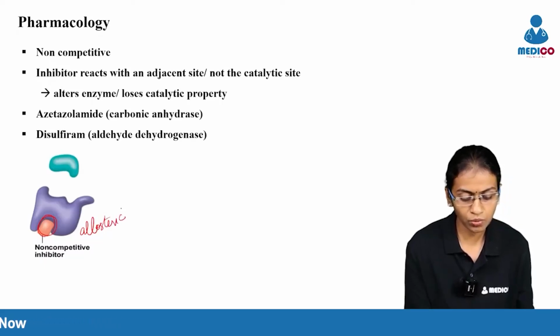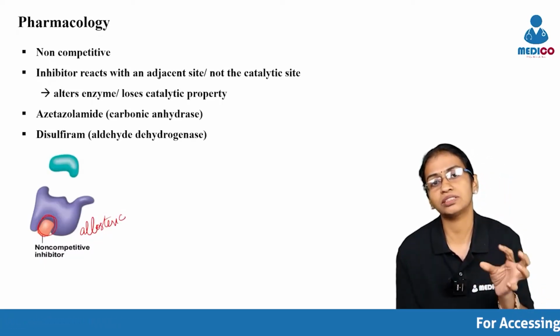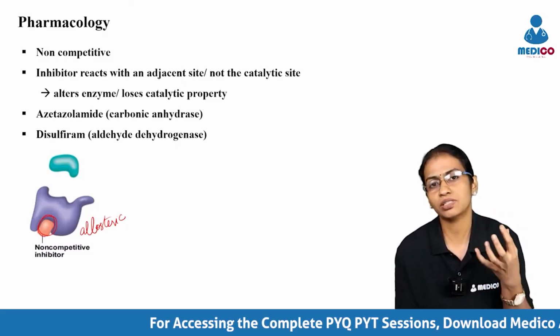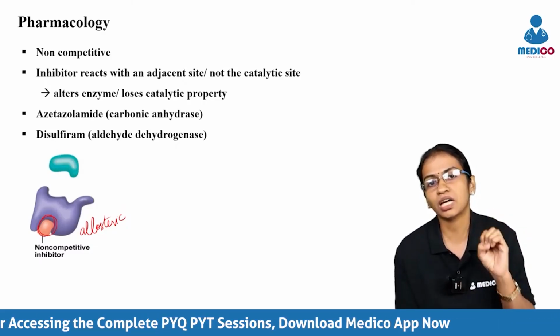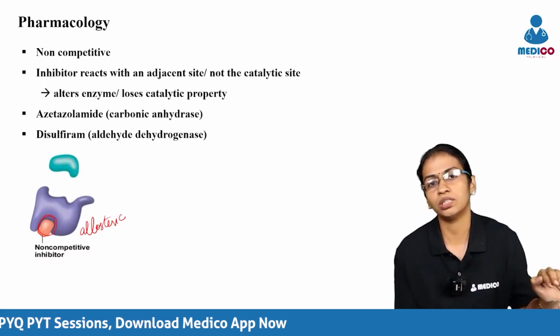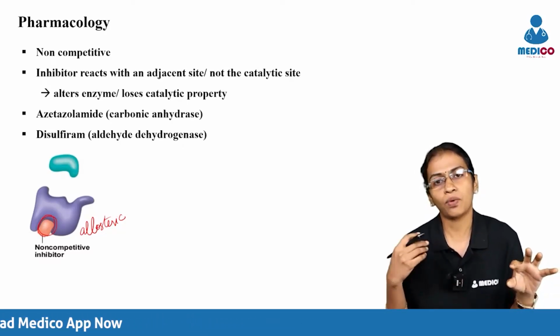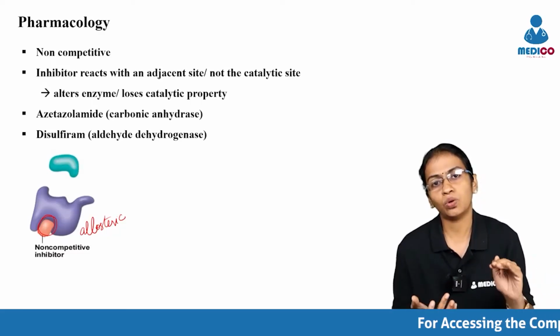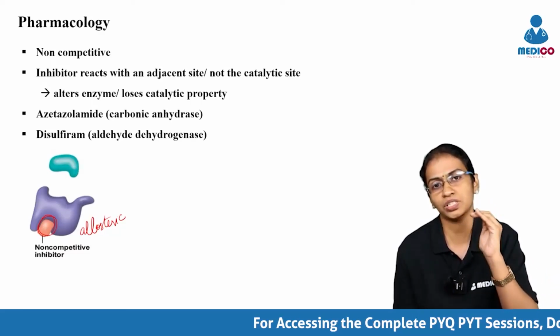And what does it do? It alters the enzyme structure. However much substrate you increase, since some of the enzyme structure is altered, it is not effective. However much you increase the substrate dose, you won't get that maximum reaction velocity.